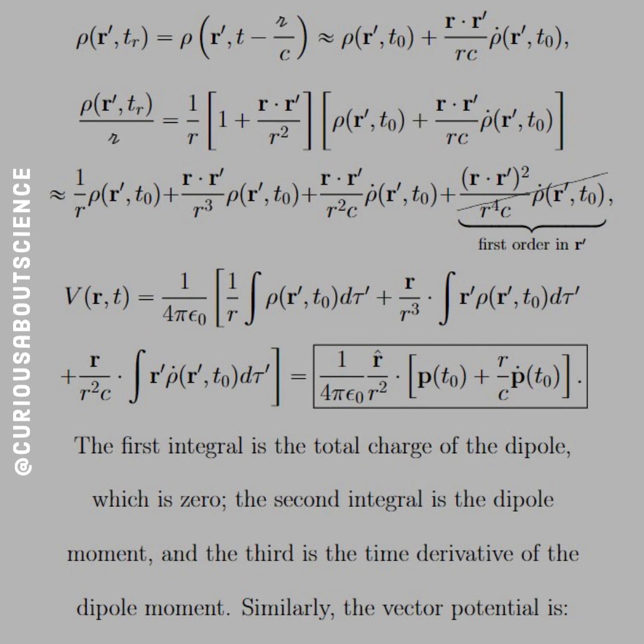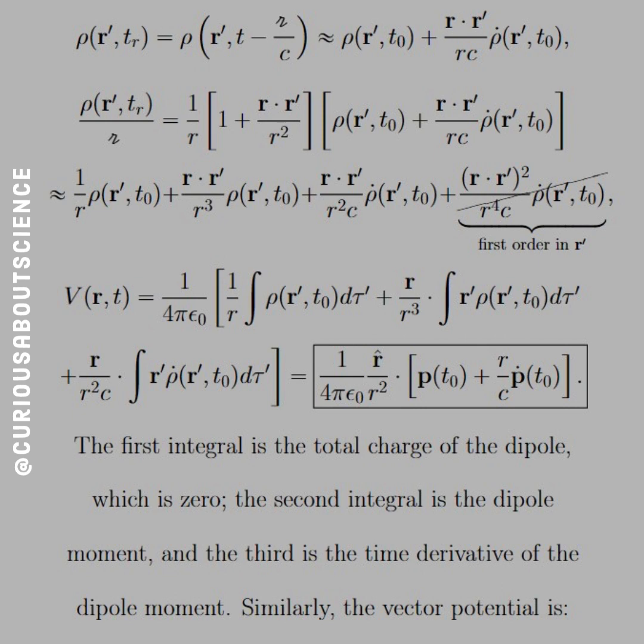Just tidy it up and let the integrals do their work. The first integral is the total charge of the dipole, which is 0, because it's a dipole. The charge sums to 0. And so the second integral is the dipole moment, which we've seen before. And the third is the time derivative of the dipole moment.